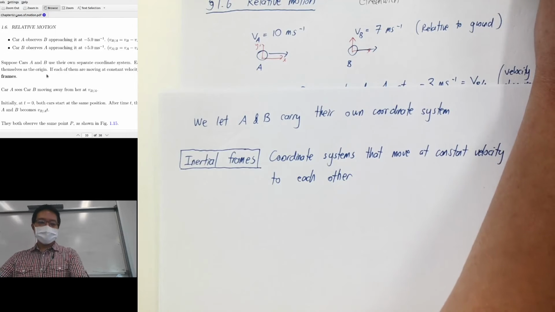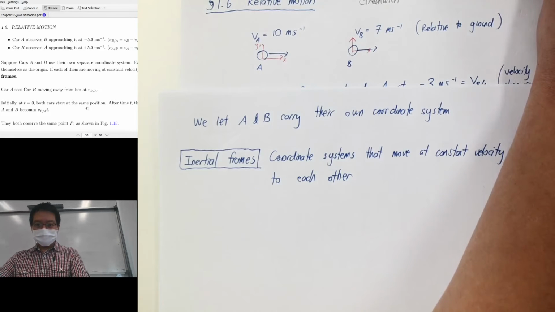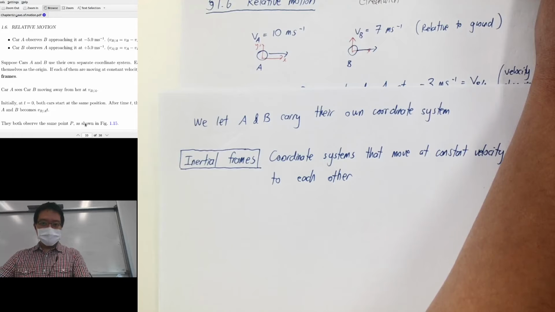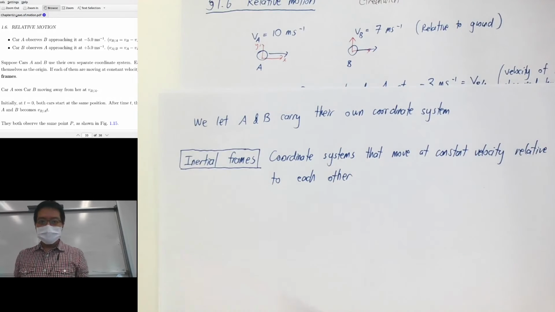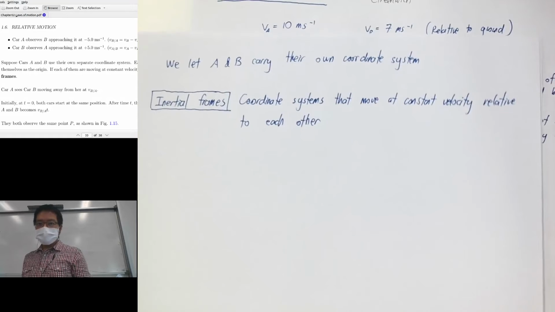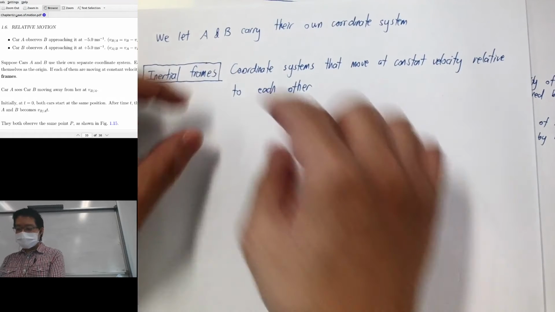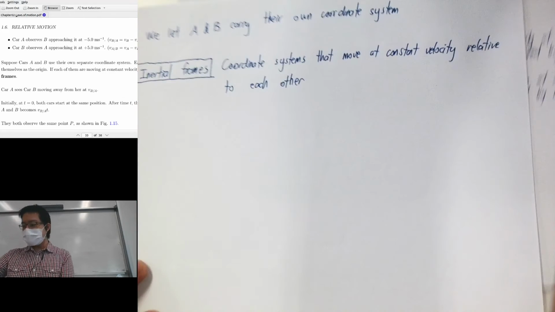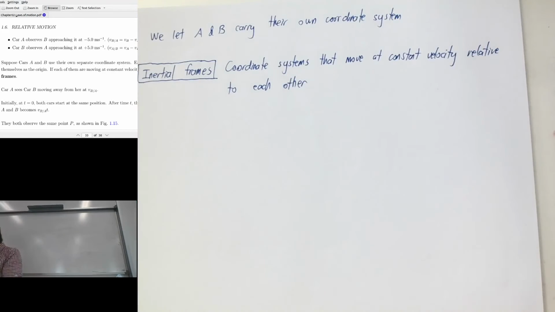Any other questions? Okay, everyone's okay, right? So where were we? Inertial frames are coordinate systems that move at constant velocity. I should write it in its own paragraph, then it's more clear. So let me change that.